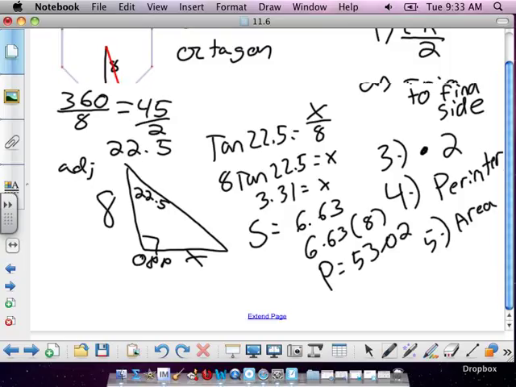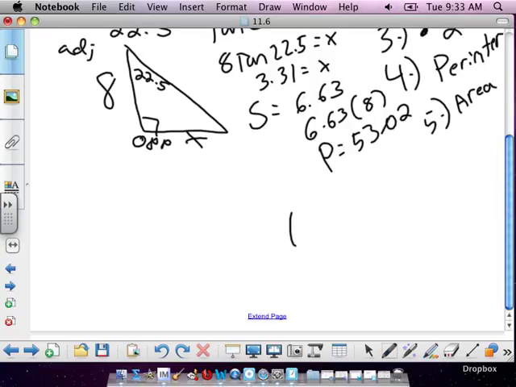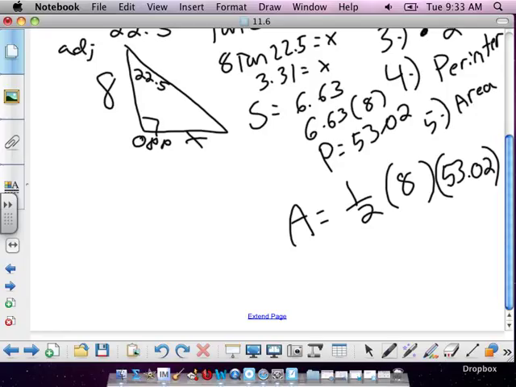Okay, so we know that the area function is 1/2 the apothem, which is 8, times the perimeter, which is 53.02. We're not finding the perimeter of the triangle. We're finding the perimeter of the octagon.